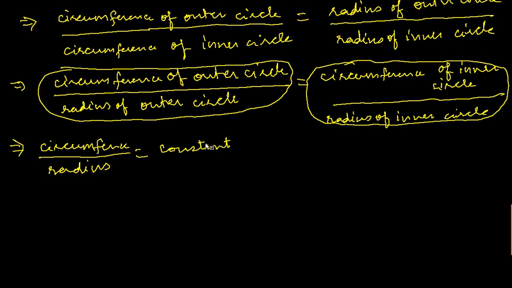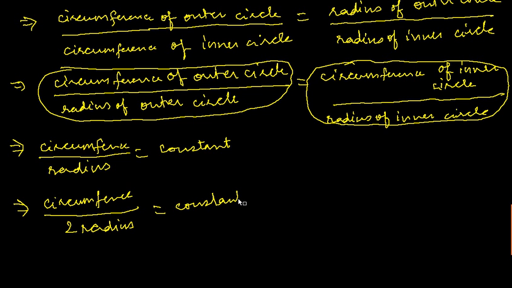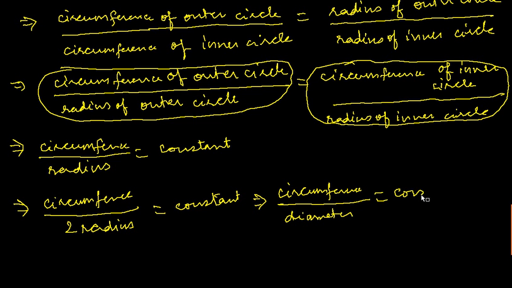If circumference upon radius is constant, it implies that circumference upon 2 times radius is also a constant quantity. Now what is 2 times radius? This is the diameter of the circle. So I have circumference upon diameter equal to a constant, and this constant is actually equal to pi.